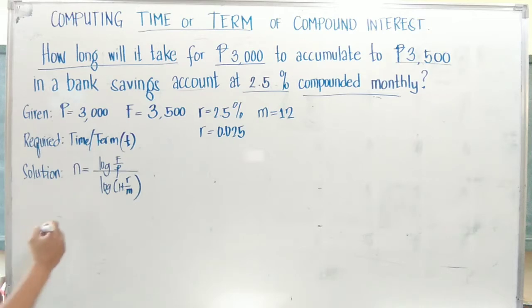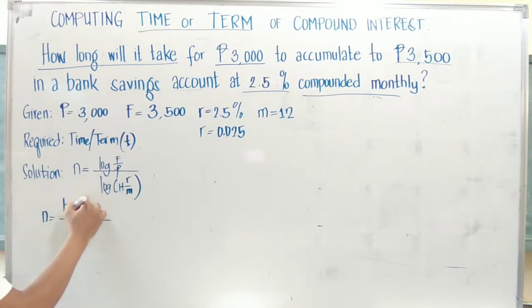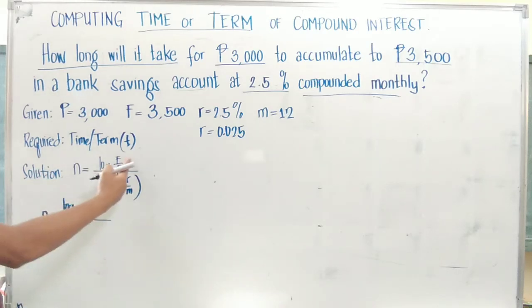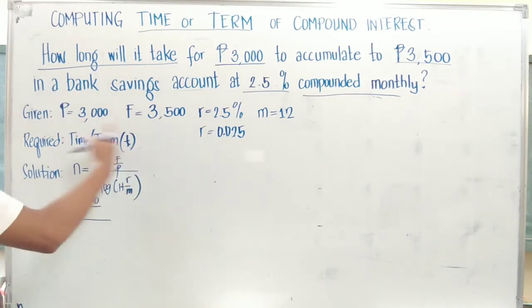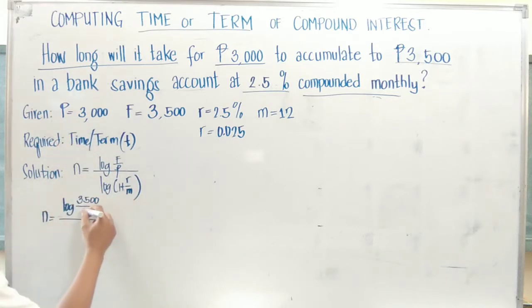Then, substitution, we have n equals log. What is your F? F is 3,500. Then P is 3,000.